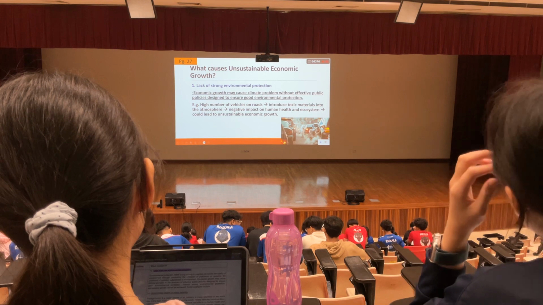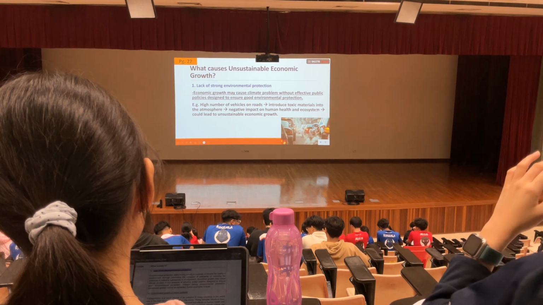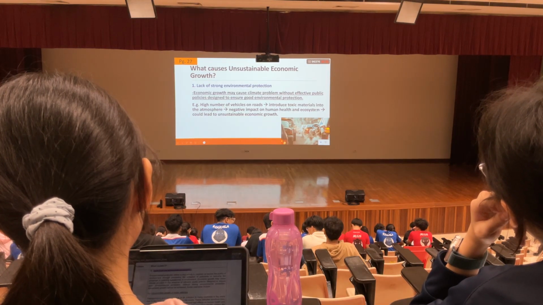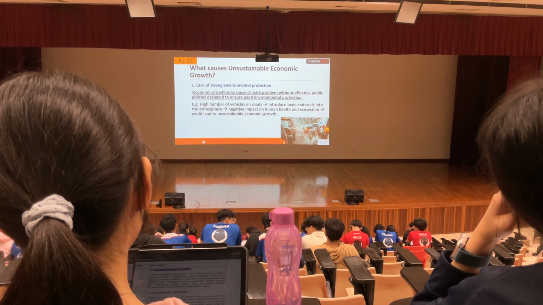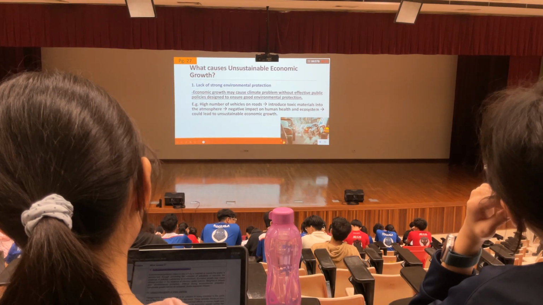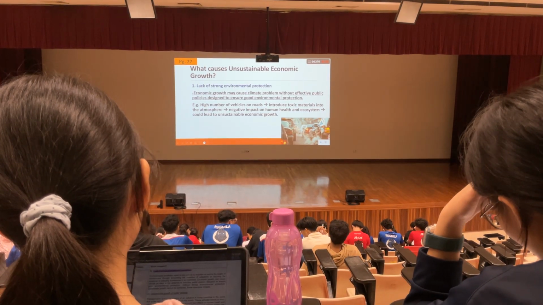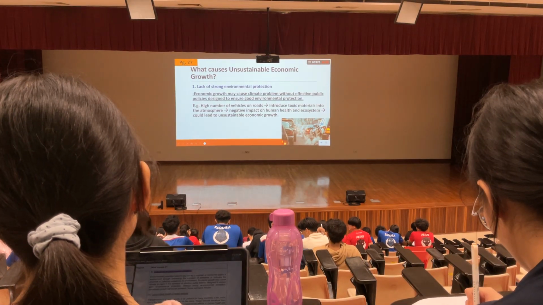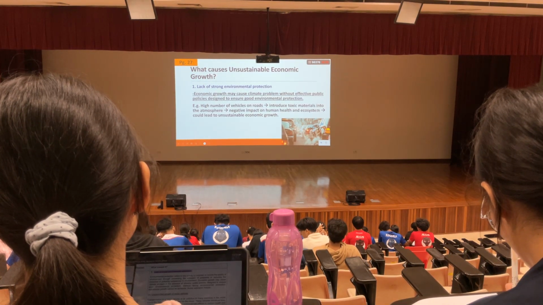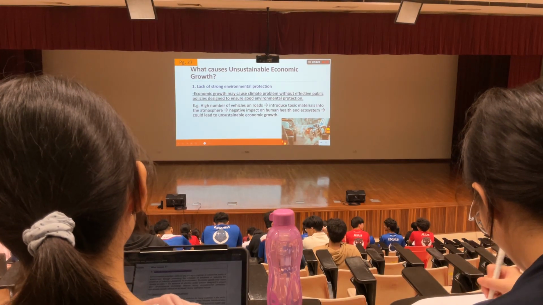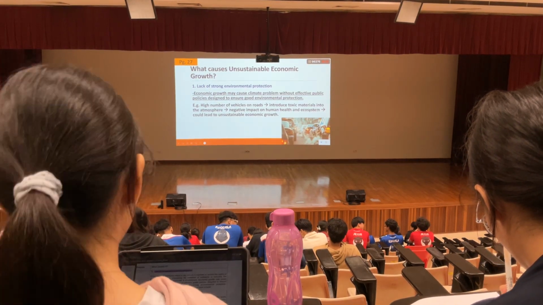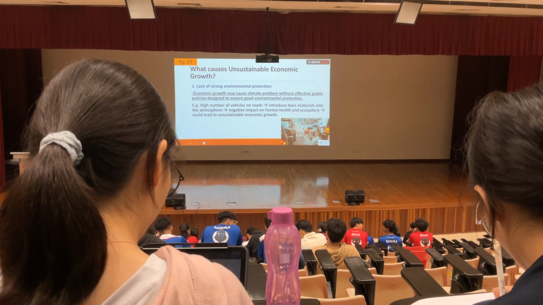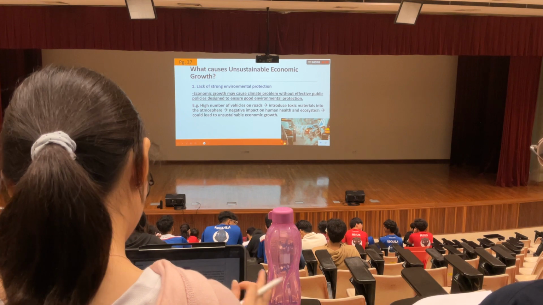Then they can consume big-ticket items like cars. If everyone gets a car, this means that I have a higher number of vehicles on the roads. This will introduce toxic materials into your atmosphere like CO2, okay? Then this would have a negative impact on human health and the ecosystem, and this could lead to unsustainable economic growth. Okay?